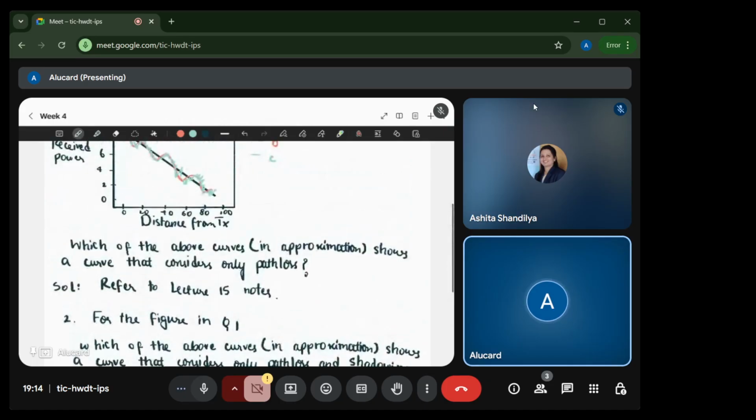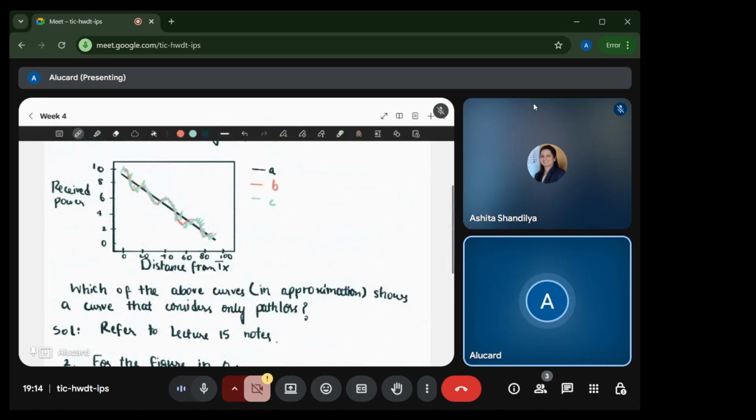And you can see small scale fading would mean that when the distance changes by a small amount, there should be large changes in the received power. And you can see that happens only in the blue curve.